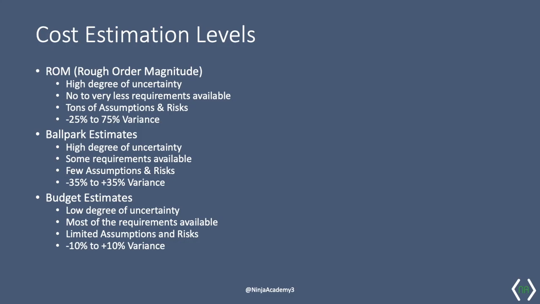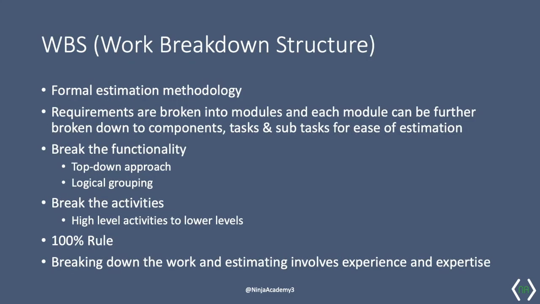Now let's look at the work breakdown structure estimation technique, which is the most popular estimation methodology, and it is one of the formal methodologies to estimate for any given project. What WBS does is it uses a hierarchical structure to organize tasks by splitting them into subtasks. Each descending level of WBS represents an increased level of detail.